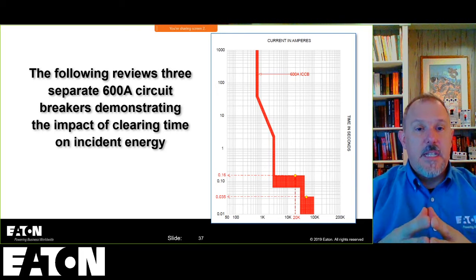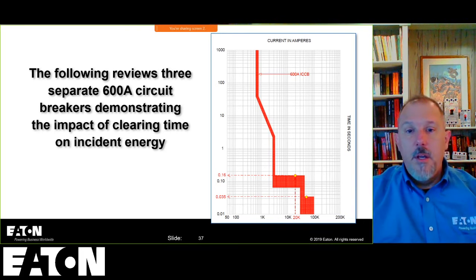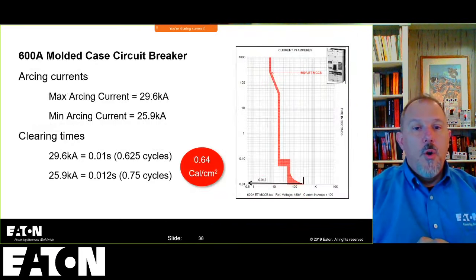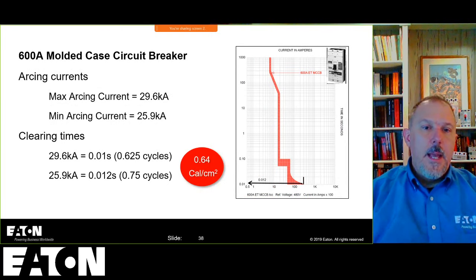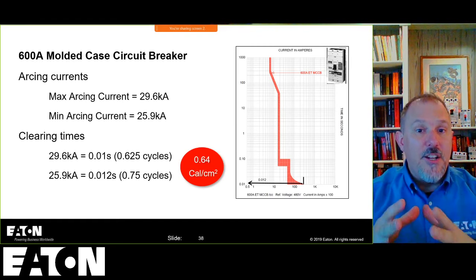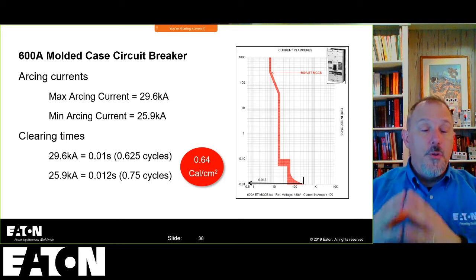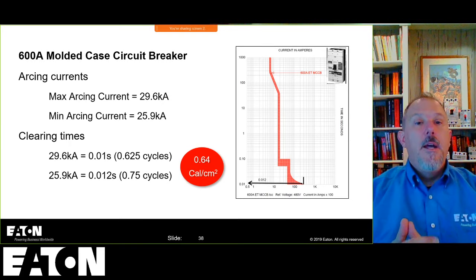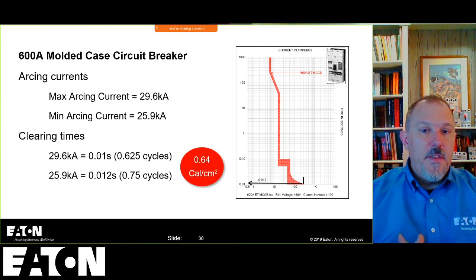So this is a 600 amp molded case circuit breaker with a maximum arcing current of 29,600, minimum arcing current of 25,900, calculated based upon IEEE 1584 2018. Both of the clearing times, and you'll notice on this one here, the clearing time at 29,600 is 0.625.